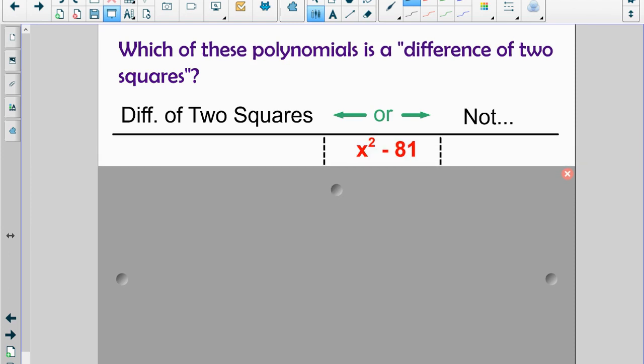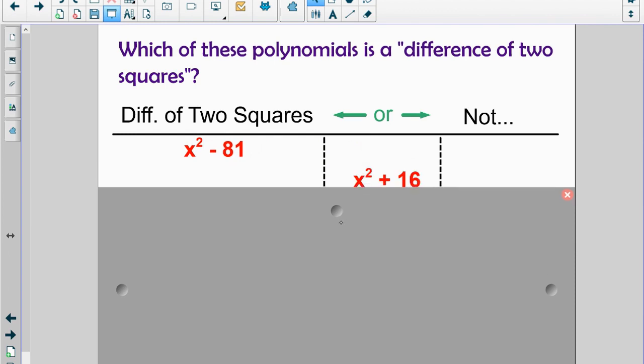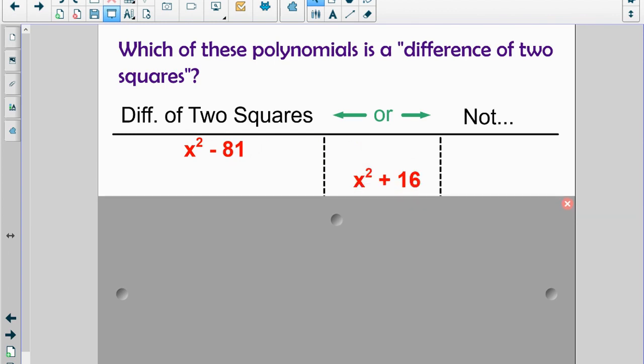In the first example, we have x squared minus 81. Well, I know x times x is x squared, and I notice that 9 times 9 is 81, and it's also a difference because it's subtraction. So we are going to move that one over here. It is a difference of two squares. Our next example, x squared plus 16. Now this one actually is not a difference of two squares. Can you tell why?